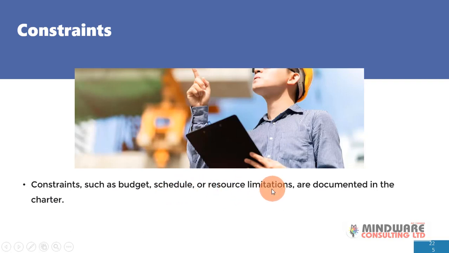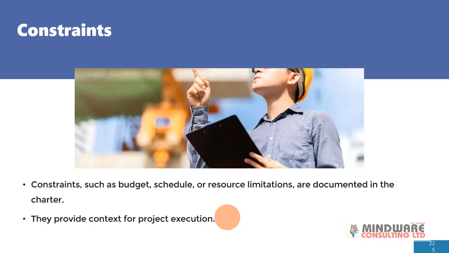All these are constraints which you have to deal with. So it's important that you also outline them in the project charter. And they also provide context for project execution. So while you are executing your project, the constraints also provide the context for you, so you know exactly what you're dealing with and how to go about them.